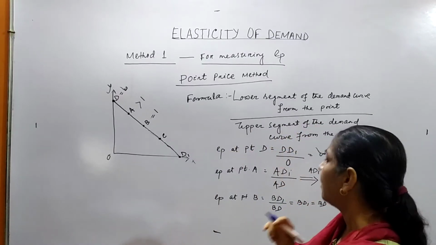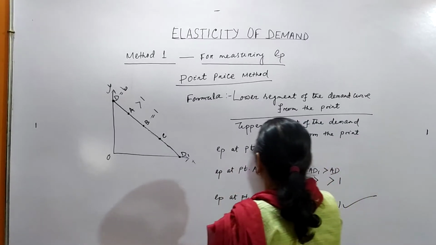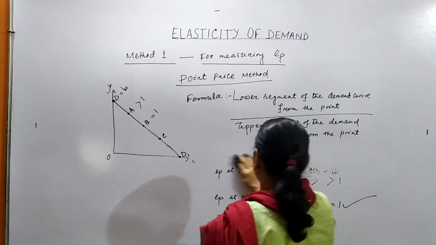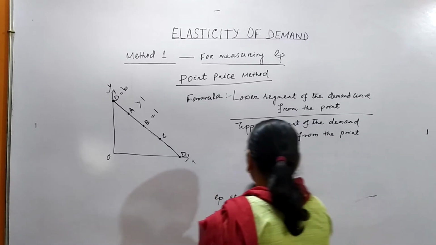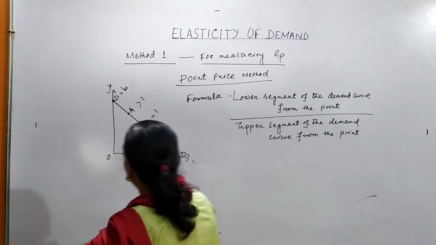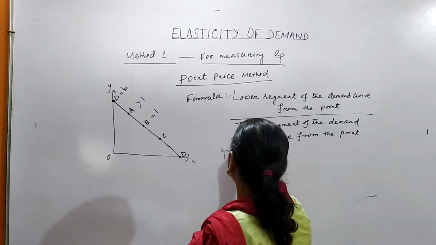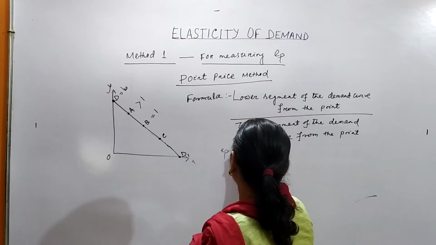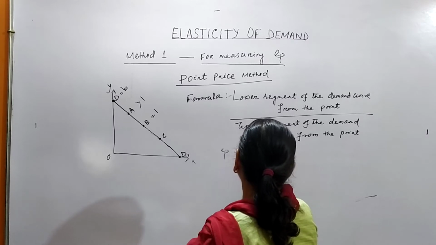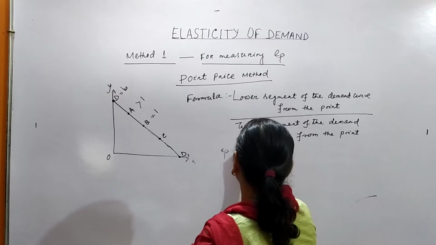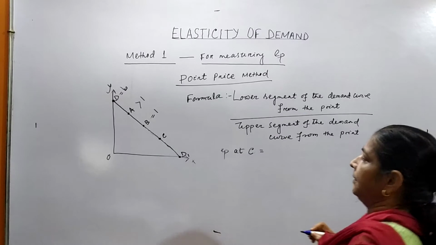Now we will come to the value of EP at point C, that means just below the middle point. What will be the value of EP at C?